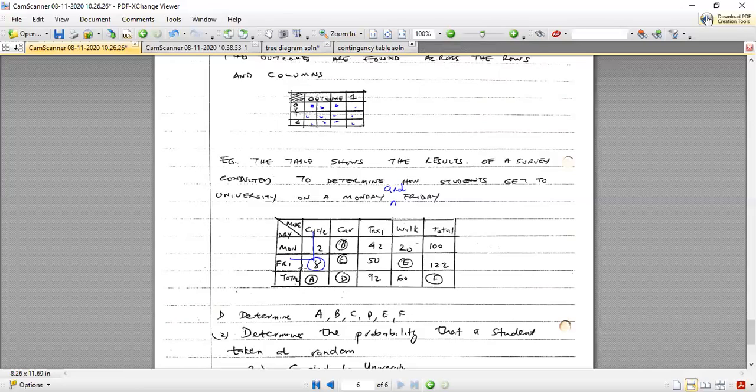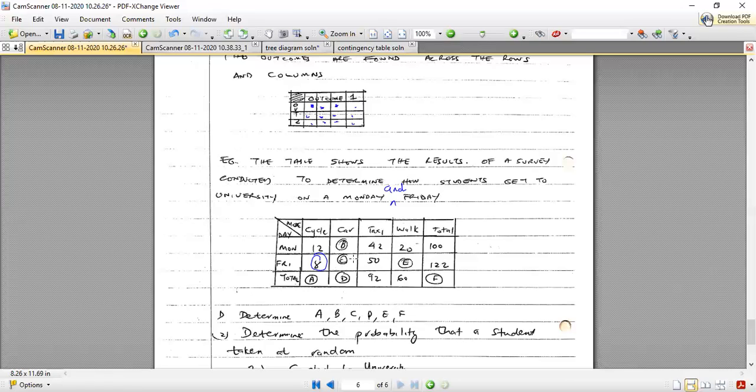So on Friday, 8 students cycle, 50 use the taxi, and the total is 122 students for a Friday. Now our question 1 is to determine A, B, C, D, E, and F from the table.